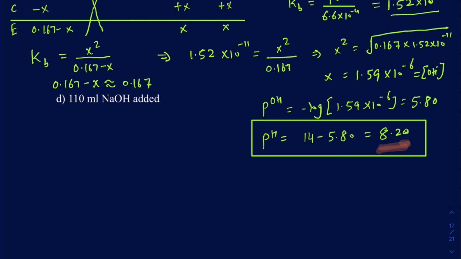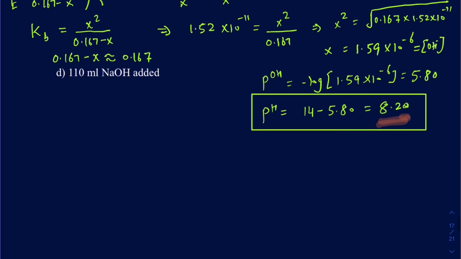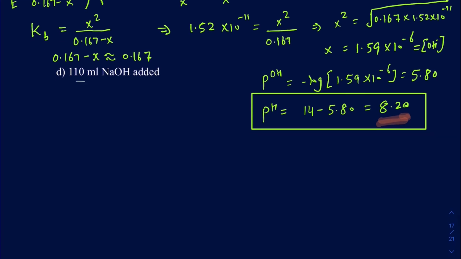Okay, so then this last one, it says what's going to be the pH after adding 110 milliliters of NaOH. Now, once you have passed the equivalence point, it's easier to deal with those questions after that. All you really got to do is figure out how much extra base you have. So remember, you needed 100 milliliters to reach equivalence point. Then you worry about what's going to be your extra NaOH in there.